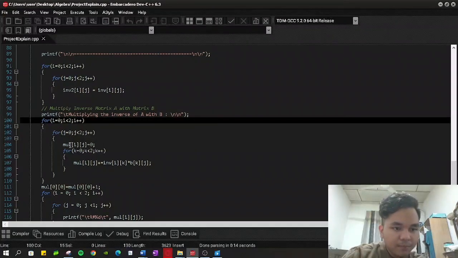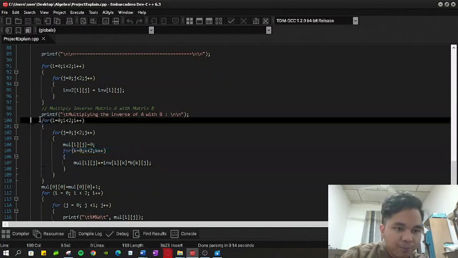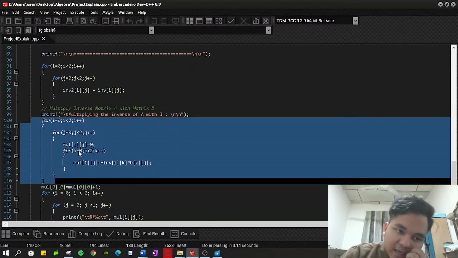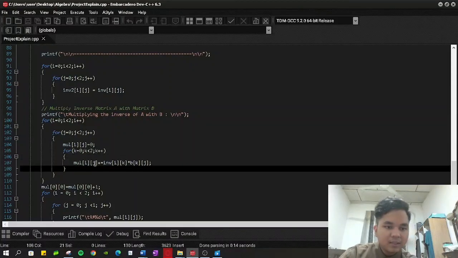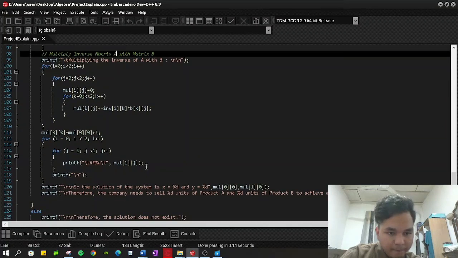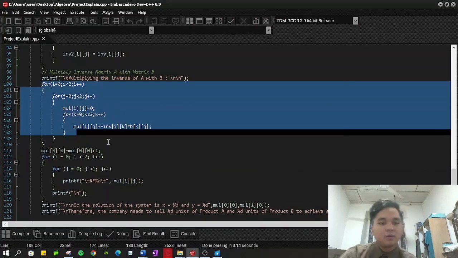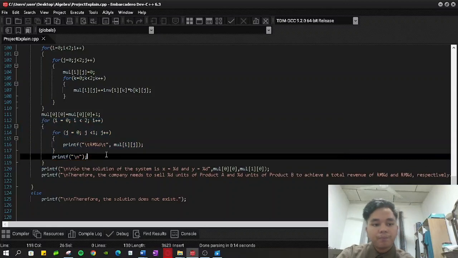Same loop I and J. So this is different because multiplying matrices has to use another loop to multiply them. As you can see here, mul ij plus equal to inv, meaning inverse, times B, matrix B. Okay, this is the process for finding the multiplication, and this is the output to show the answer for multiplication.